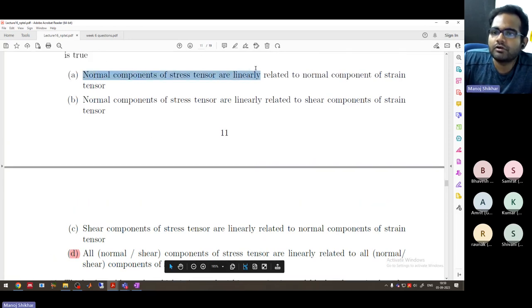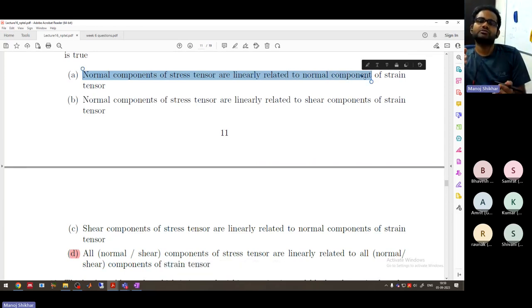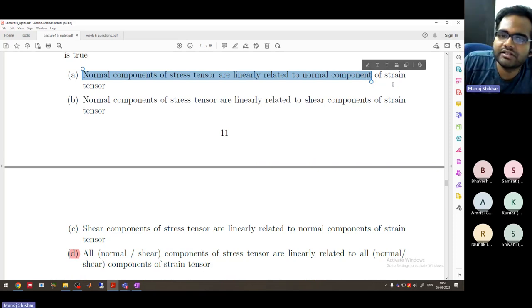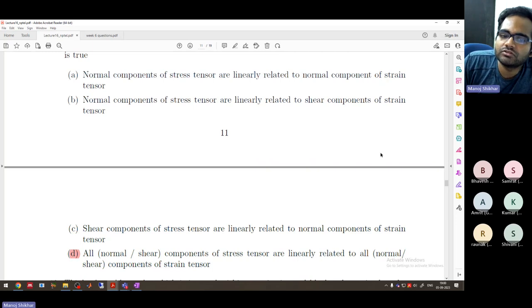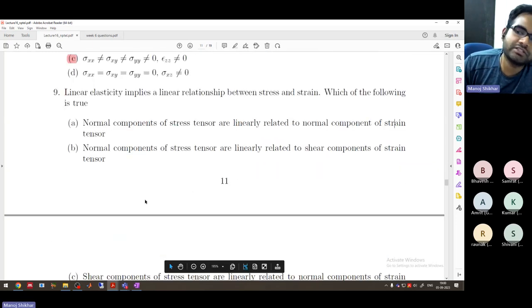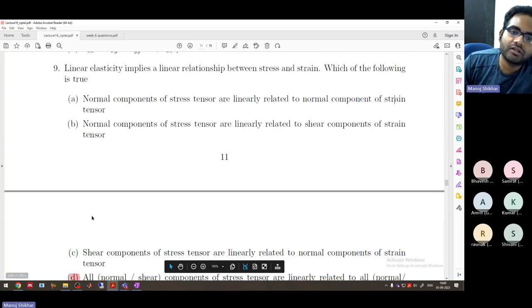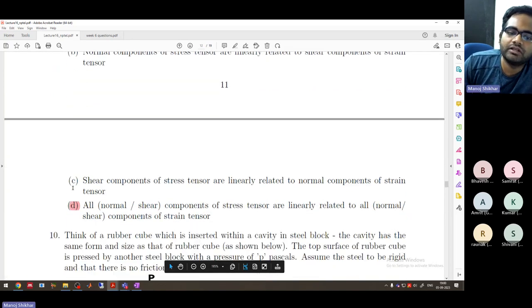For example, normal components of stress are linearly related to normal components of strain. This is true. So for a multiple choice, multiple correct question, all 4 should be marked. For a single choice question, only D should be marked.